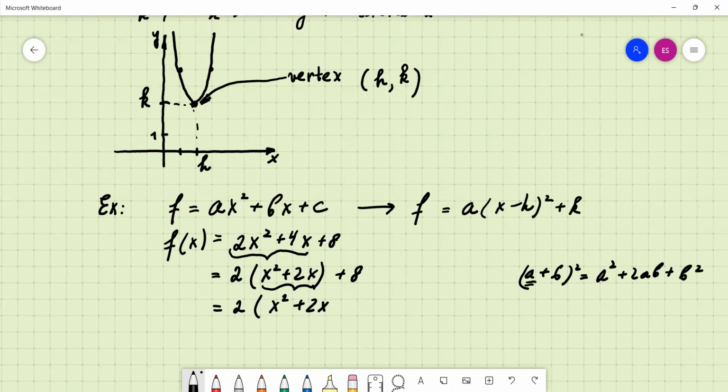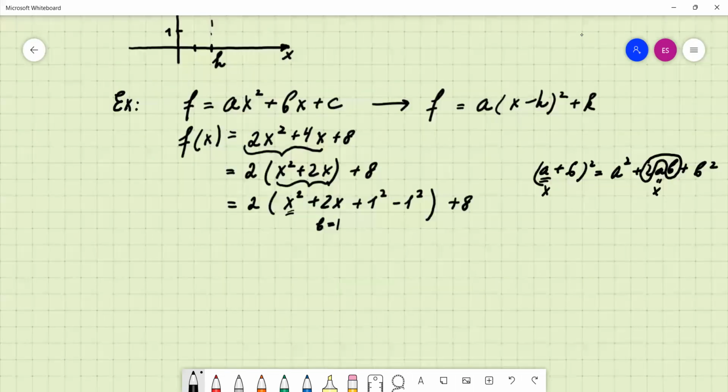I know that my a here is x from over here, right? Now, what is going to be my b? If this is x, then this 2b is going to be equal to just 2, right? So b from here is going to be equal to 1. It's just like I divide 2 over 2. So that's what I'm going to do. I'm going to add 1 squared. To not change it, I'm going to subtract 1 squared right away and keep writing down this plus 8.